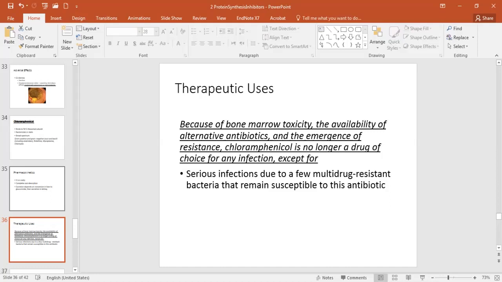Regarding therapeutic uses, given the availability of alternative antibiotics and the emergence of resistance, chloramphenicol is no longer a drug of choice for any infection, except for serious infections due to a few multi-drug resistant bacteria that remain susceptible to this antibiotic. Its use has become very limited, except in very rare cases when there is no other choice: a serious infection affected by multi-drug resistant bacteria. Only in this case might we think of it; its use is now very rare.